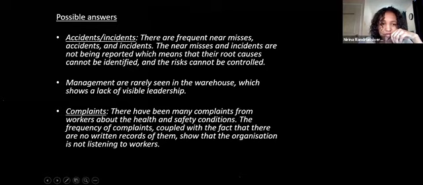So I have 5 answers, but I divided them in 2 bullets, something like that. The point is you need to make sure that you have 10 different indicators in order for you to get the 10 marks. So 10 different indicators of negative health and safety culture in order for you to get the 10 marks for this question.